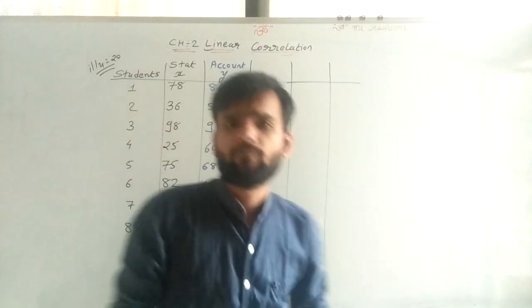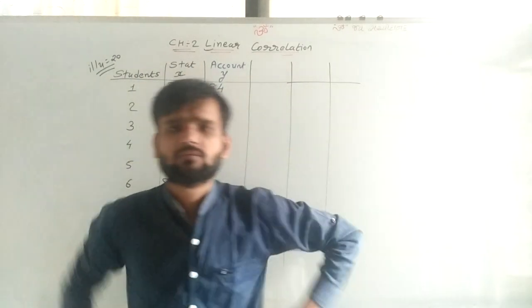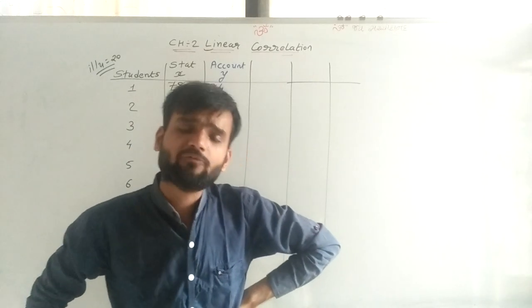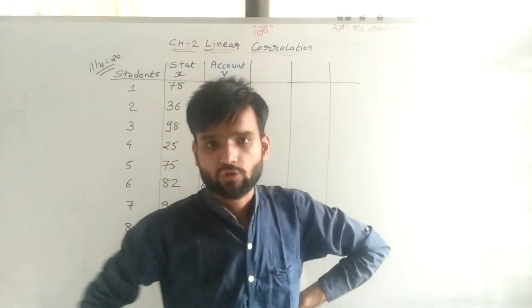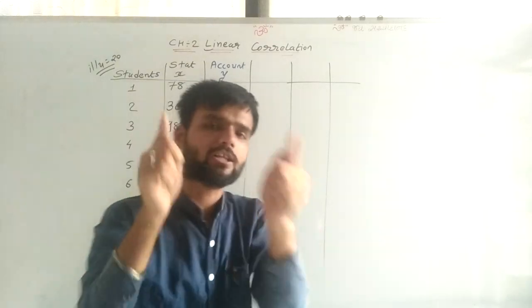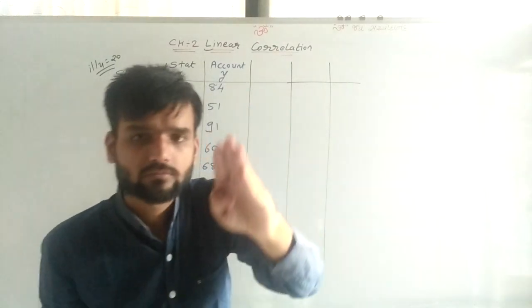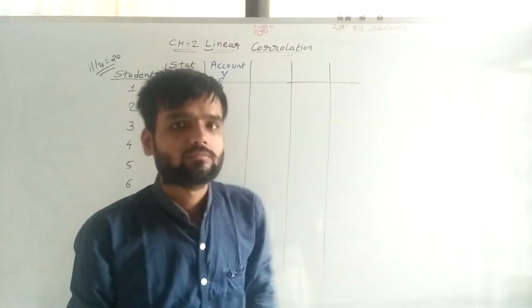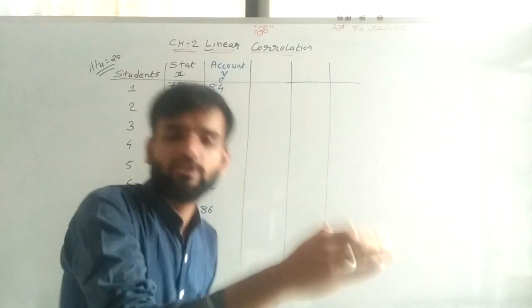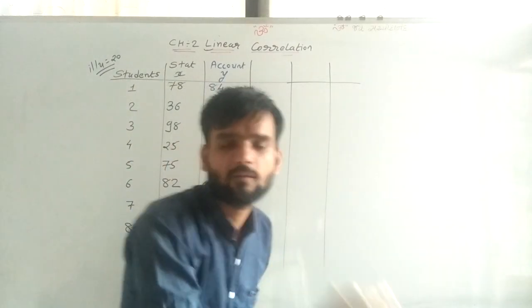Or even if that is not given and the words "appropriate method used to find correlation coefficient" are given, then you can directly assume we have to use Spearman's rank correlation method.